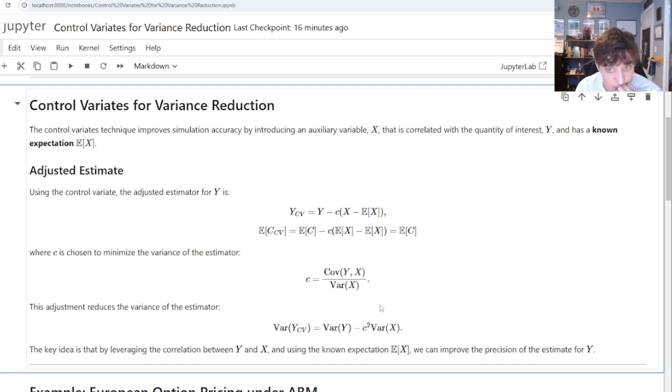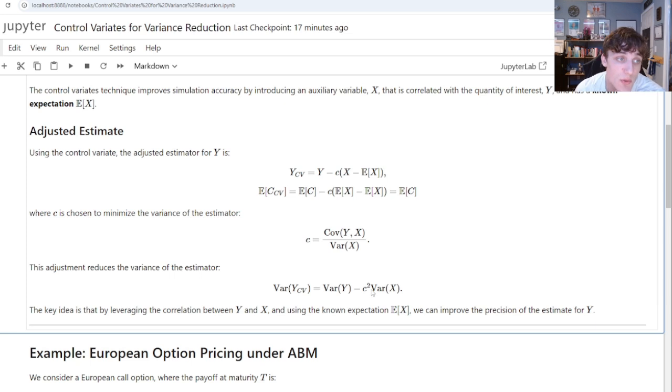But if we had the covariance of y and x and the variance of x, we would not need to do this, because we would have the target quantity's expectation. So we're going to need to use the sample covariance and the sample variance to estimate this constant C. And that's what we do after simulation.